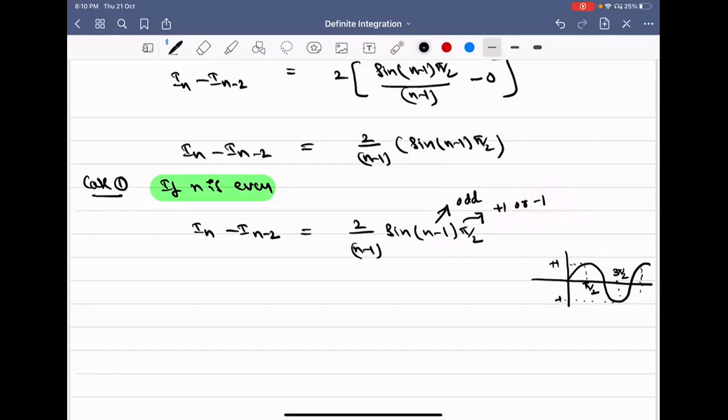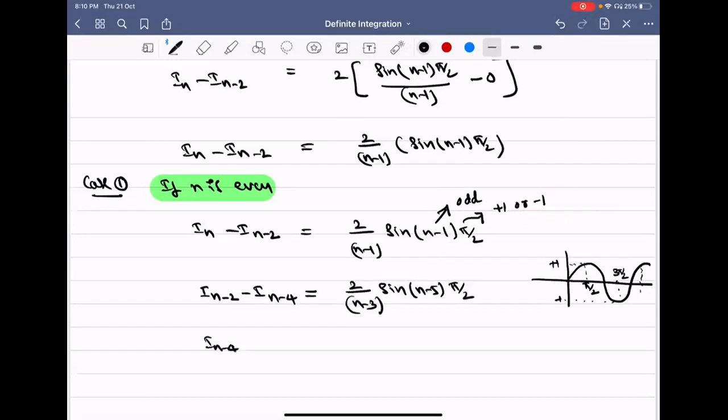Now similarly, I_(n-2) minus I_(n-4) will be equal to 2 over (n minus 3) into sin of (n minus 3) into pi by 2.